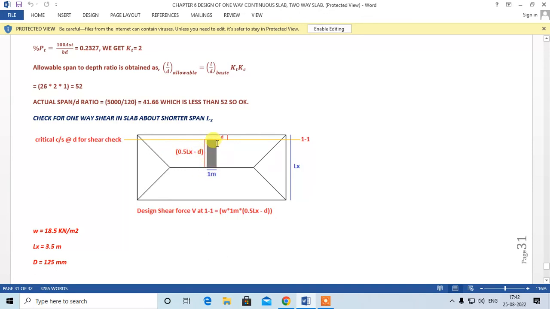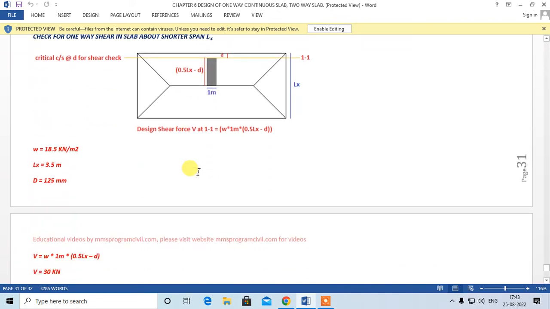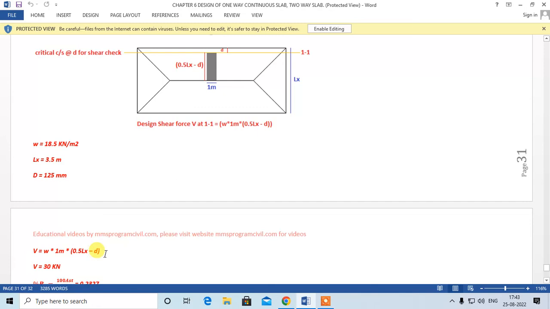We will find the shear acting at this cross section for this strip. The shear acting at the cross section will be W, the load, into the area of the strip.